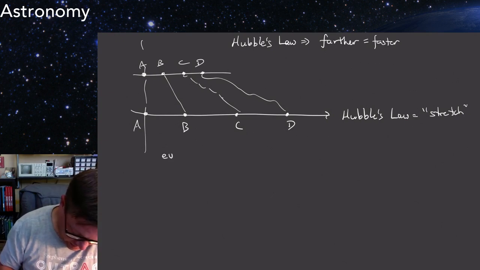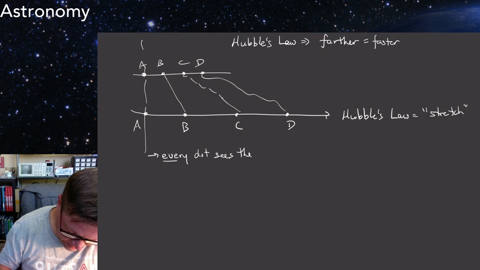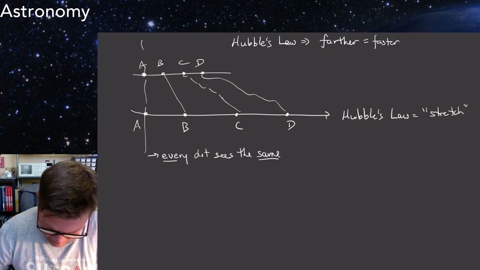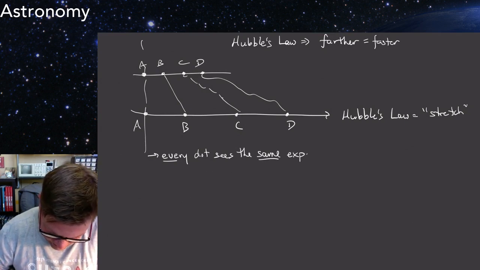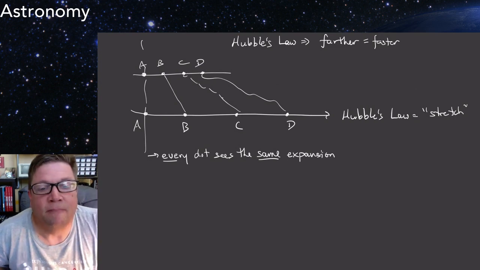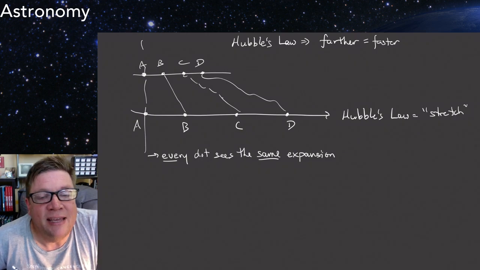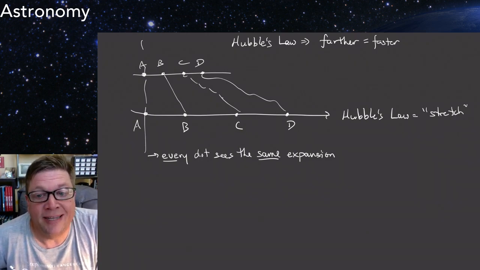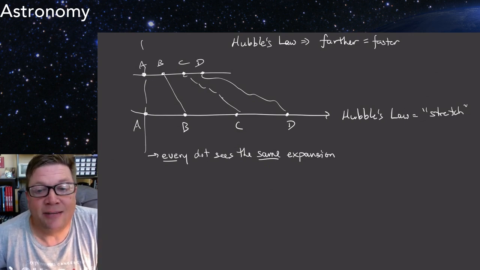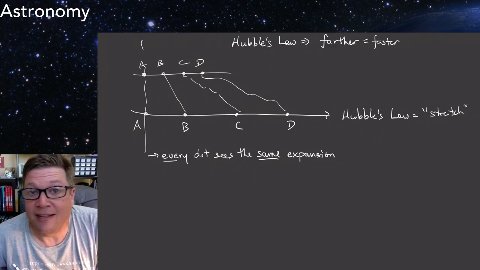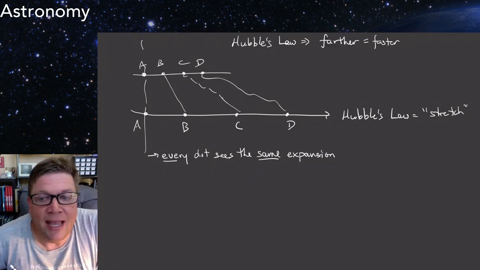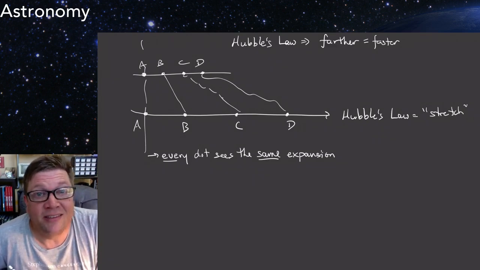So here's a big point. Every dot sees the same expansion. If you're ant B, you see everyone moving away from you, the farther the faster. If you're ant C, you see exactly the same thing. If you're ant D, you see exactly the same thing. So every ant would think that they're at the center, right?